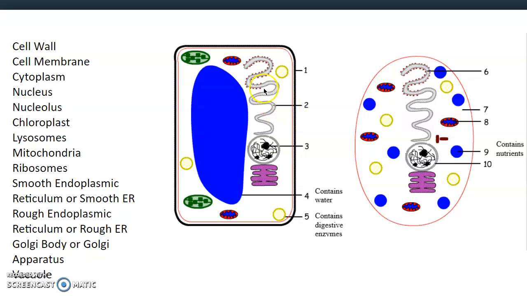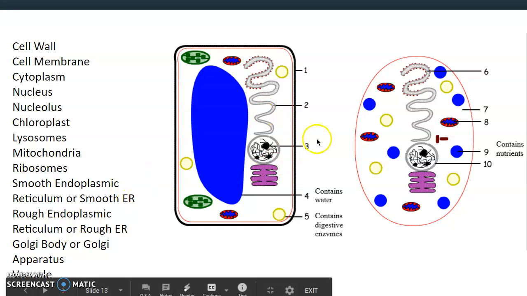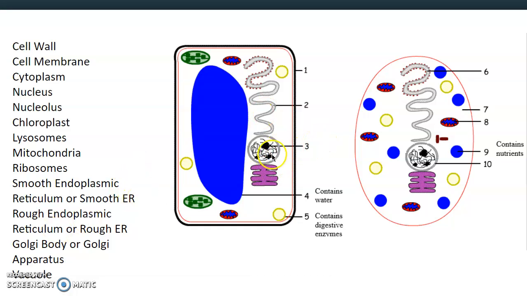Number 2, we can see that there's some little dots on this thing, and then it goes to smooth. So this is our smooth endoplasmic reticulum, or smooth ER. This number 3 looks like they're pointing to the dark part of what looks like the nucleus. So the dark part of the nucleus is the nucleolus.